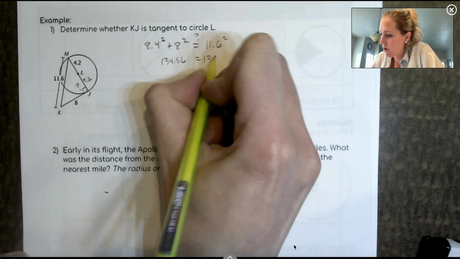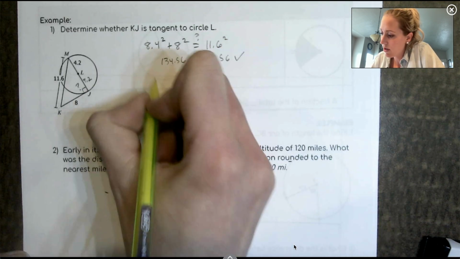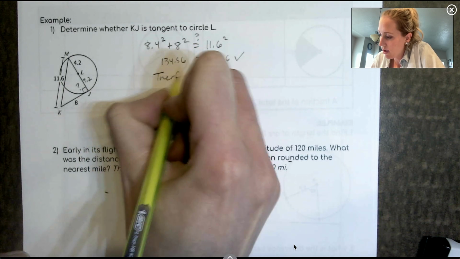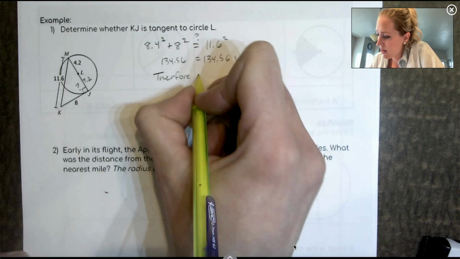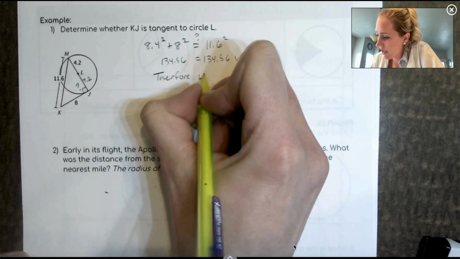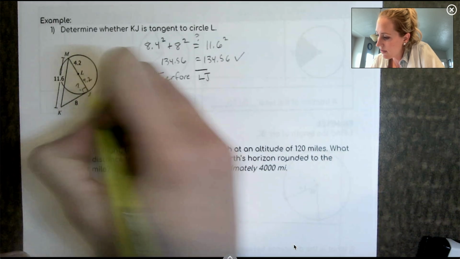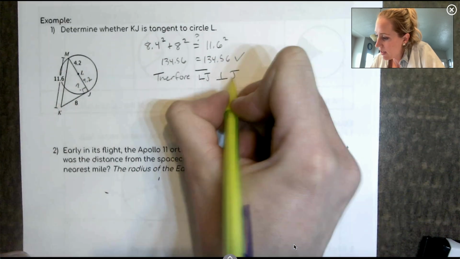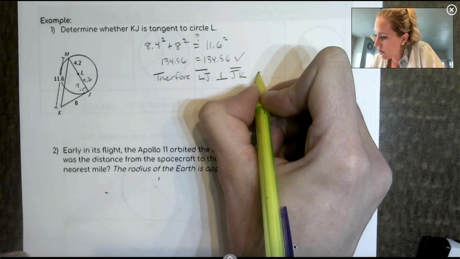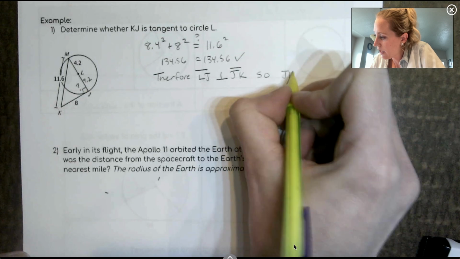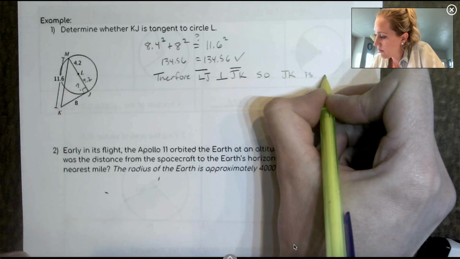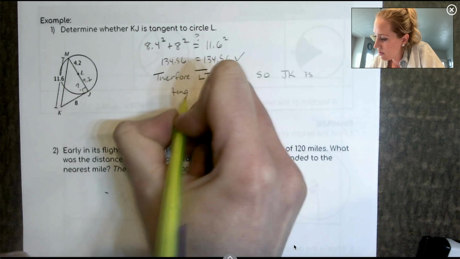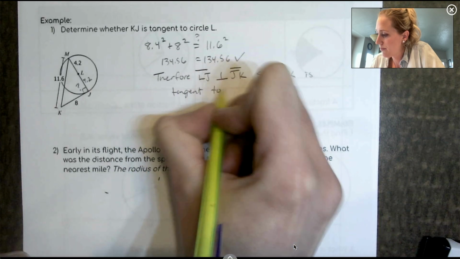So that means, therefore, I'm going to say LJ, that radius, is perpendicular to JK. So JK, or KJ, is tangent to circle L.